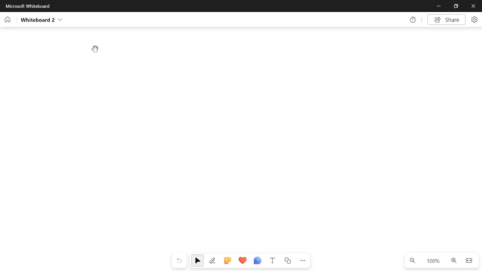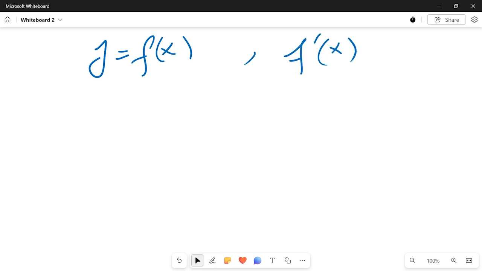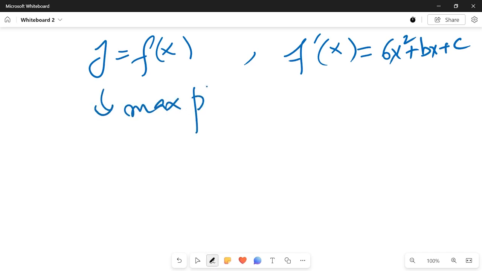We are told that y is equal to f(x), and we are given f bar x is equal to 6x square plus bx plus c, right? And we are given that it has a maximum point. So this equation has a maximum point, the stationary point at minus 2 comma 20, right?